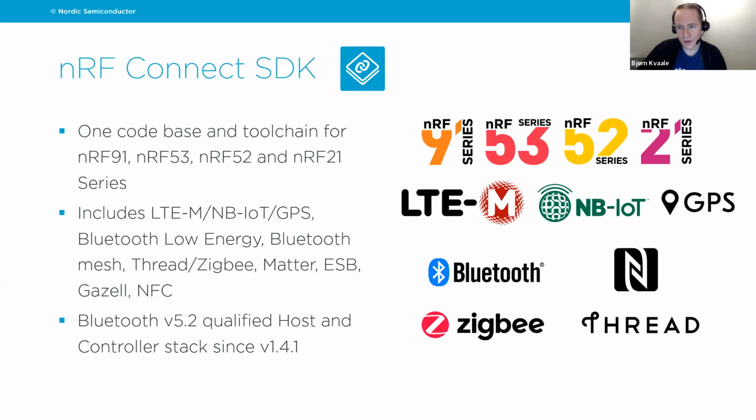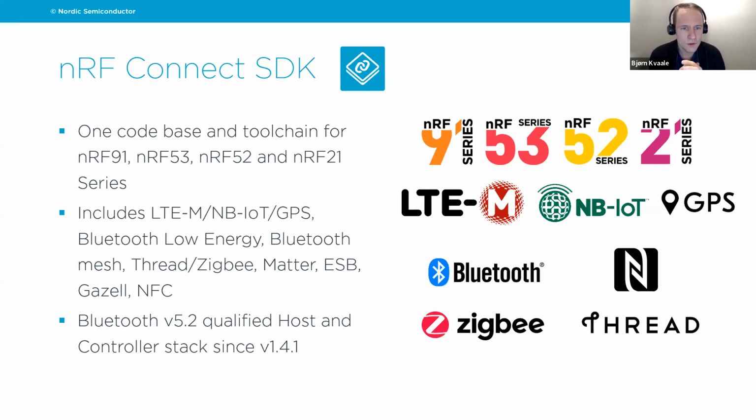The nRF52 and nRF53 series, there we have support for short range protocols. So that can include Bluetooth Low Energy, Bluetooth Mesh, Thread, Zigbee, Matter, ESB, etc. And it doesn't mean that it's limited to those protocols, but just check our documentation for more information there.